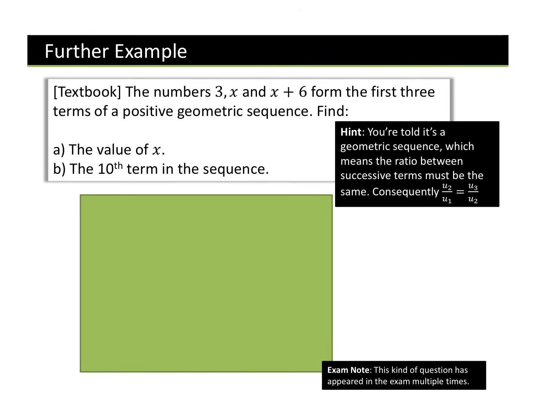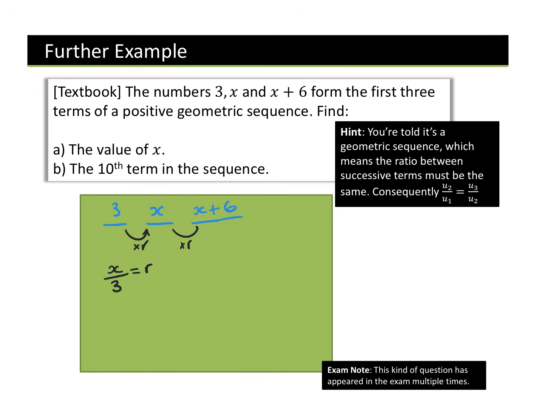So the numbers 3, x and x plus 6 form the first 3 terms of a positive geometric sequence. Find the value of x. So you know the first 3 terms are 3, x and x plus 6. Now again, to find the common ratio, as I said, you could do term 2 divided by term 1. x over 3 equals r.